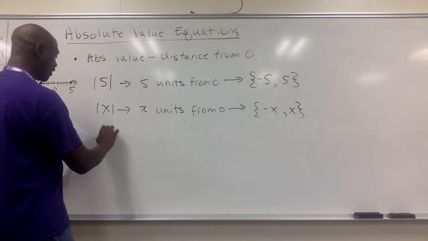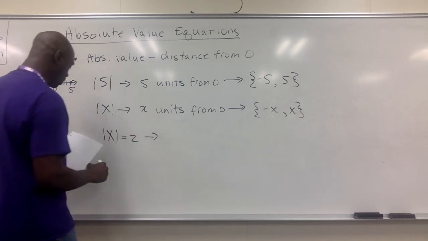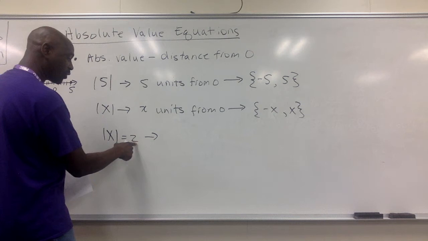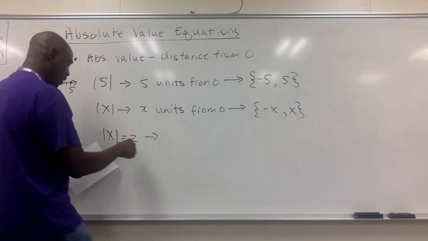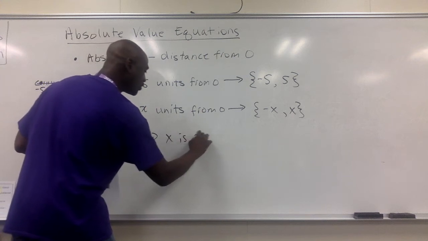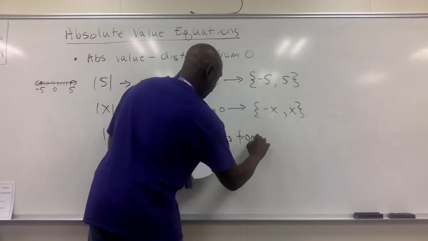Now, when I tell you that the absolute value of x is equal to 2, I'm telling you that x is how far from 0? 2. I'm saying that x is 2 units from 0.